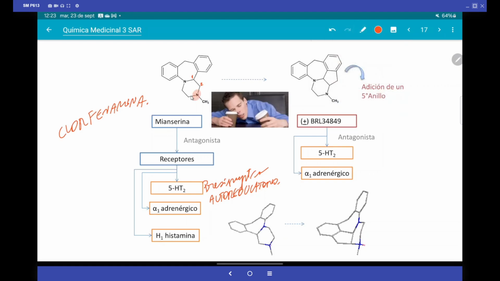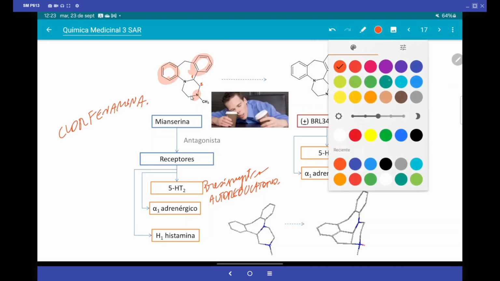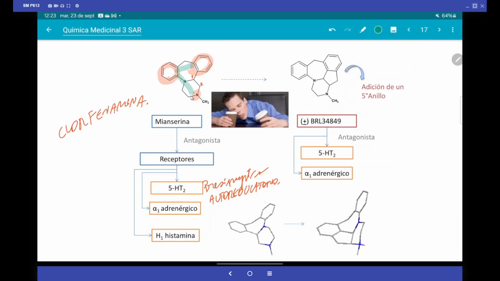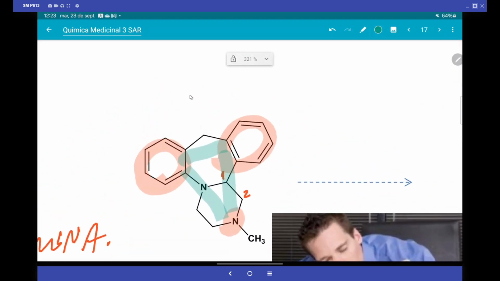Following, retain this idea in your minds. We already have this nitrogen here, aromatic rings, and we can connect a pharmacophore in this way, and we have this distance. We already have that pharmacophore triangle for this antidepressant.